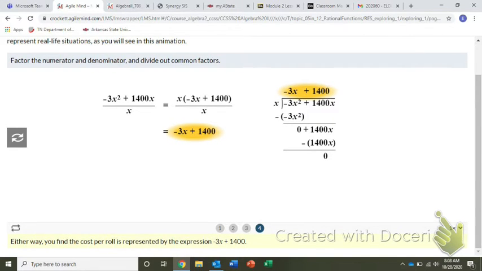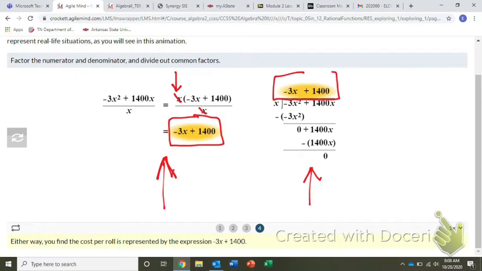So out of those two options, this one being where they just factored out an x, they factored out this x right here, and they had an x on the bottom, so they crossed those out, and you're just left with this. Or you could do long division. You could do all this work where you get the exact same answer. So you decide for yourself which one you think is easier.